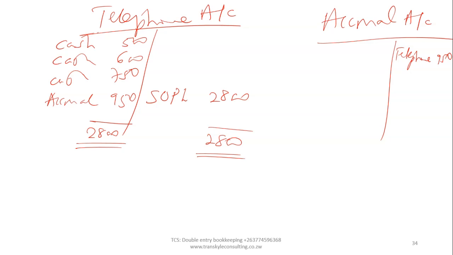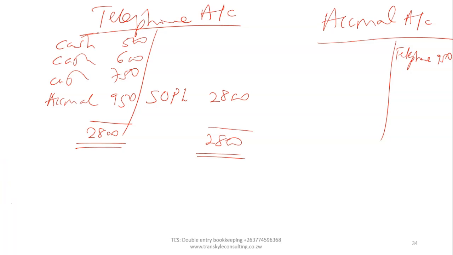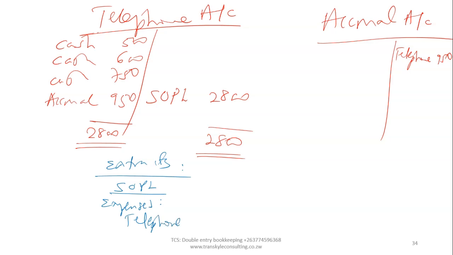So the statement of profit or loss extract. Here under the expenses, telephone, we're going to record the full 2,800.